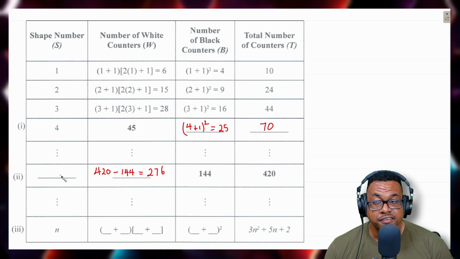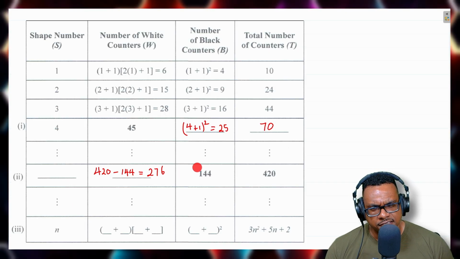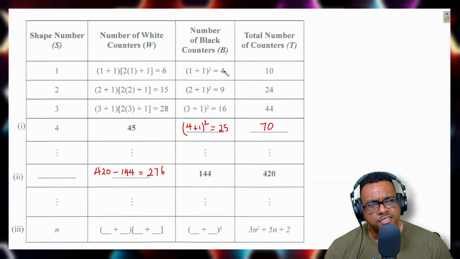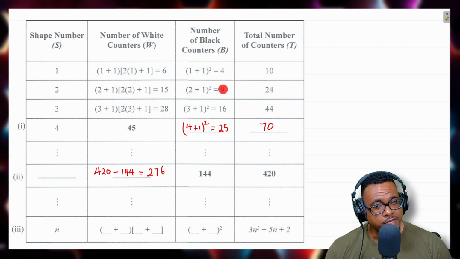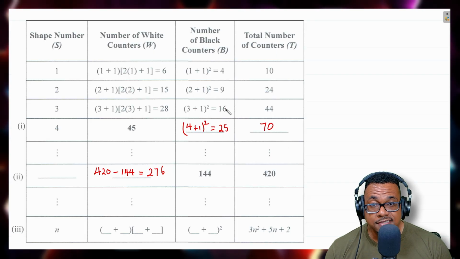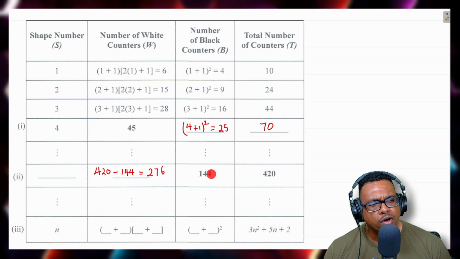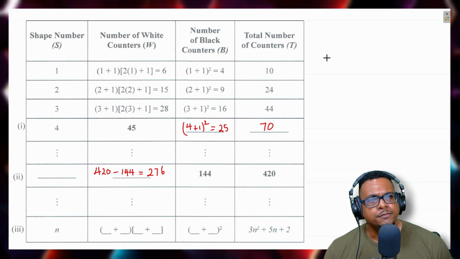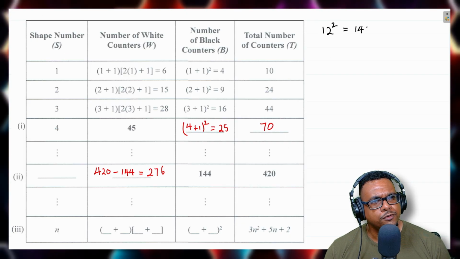So now we just need to figure out what is the shape number. Now this part here gives it away because look at all these numbers. These numbers are square numbers. 2 squared is 4, 3 squared is 9, 4 squared is 16, 5 squared is 25, and we know 12 squared is 144. So I'm just going to write here, we know 12 squared is 144.